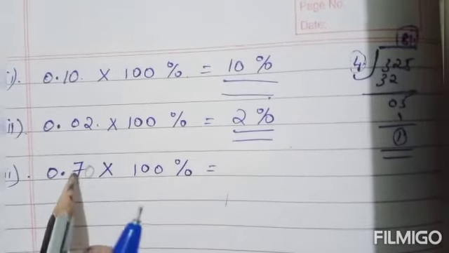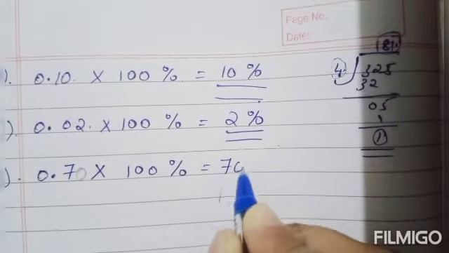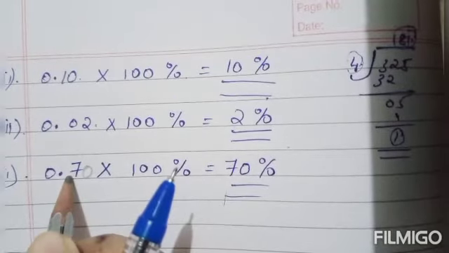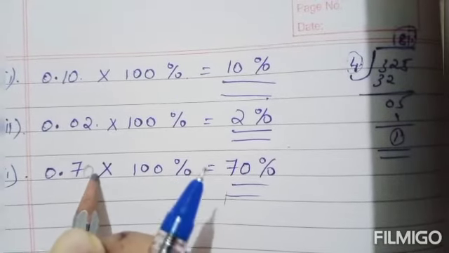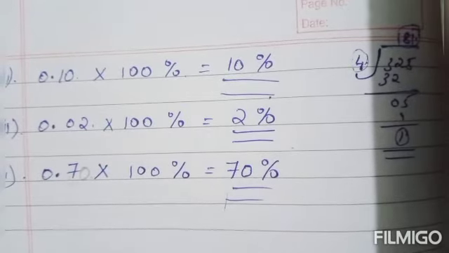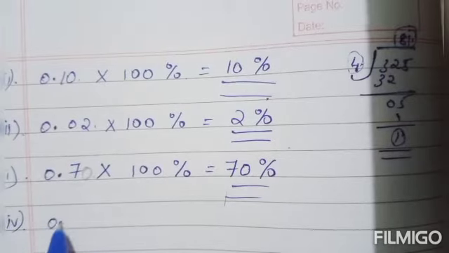So this is 1, 2. So the answer will be 70%. After 70 the decimal point will come. So it is 70%. Now fourth one, 0.15.